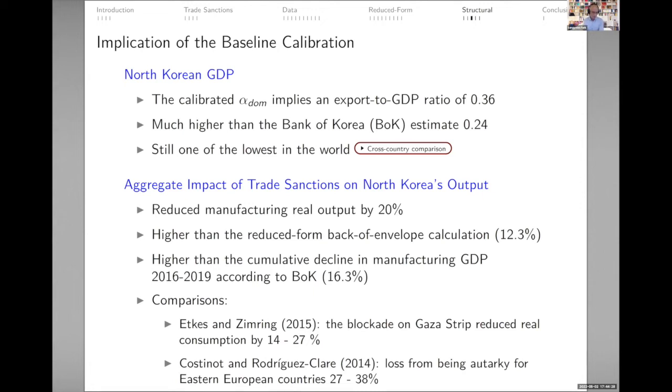Some of the assumptions we make might not perfectly match what is happening in North Korea in reality, but if we did find any anecdotal evidence that didn't seem to match the model assumptions, we did try to change them so that they reflect somewhat closely what's actually going on in North Korea. Thank you for that question.